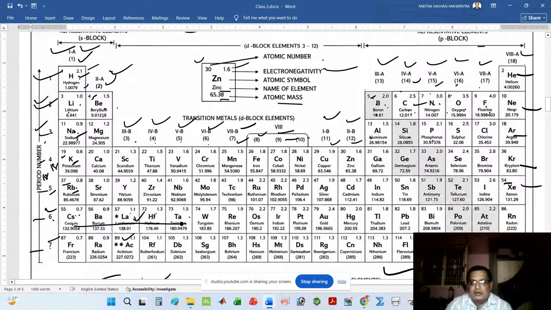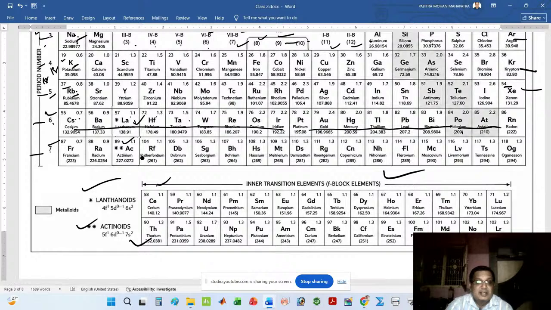But remember, along with these 18 elements, 14 more elements are present, starting from cerium to lutetium, Lu. Look at that. Here, cesium first, 55, barium 56, lanthanum 57.